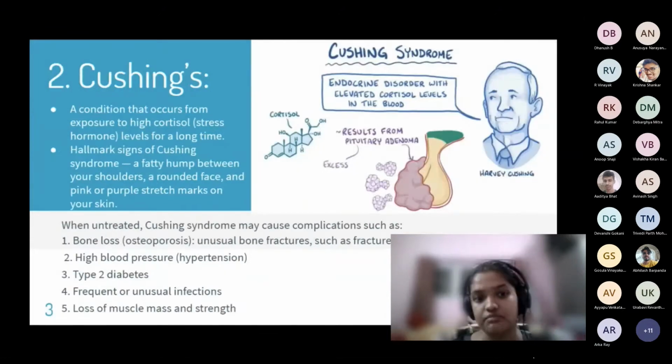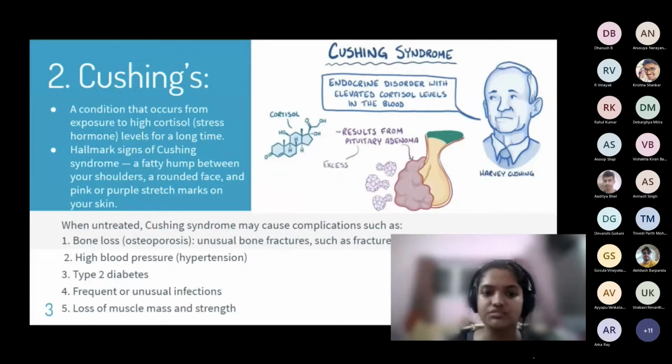Coming to Cushing syndrome, it is a condition that occurs when there is high cortisol for a long time. Cortisol is the stress hormone. Again, a couple of the projects that we discussed on the previous day were about Cushing's, so I will not bore you with the same symptoms.